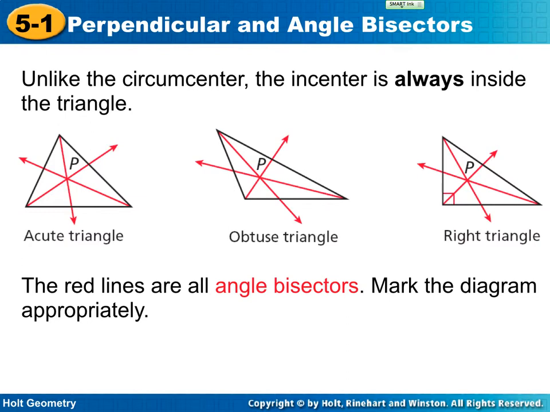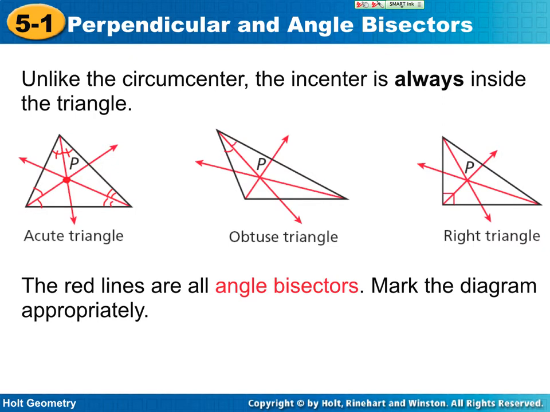When you bisect every angle, cut that one in half, cut this one in half, cut the top one in half, they will always meet inside the triangle. Incenters are always in the triangle. Circumcenters could have been outside or could have been right on the triangle, but incenters are always inside because they're angle bisectors.